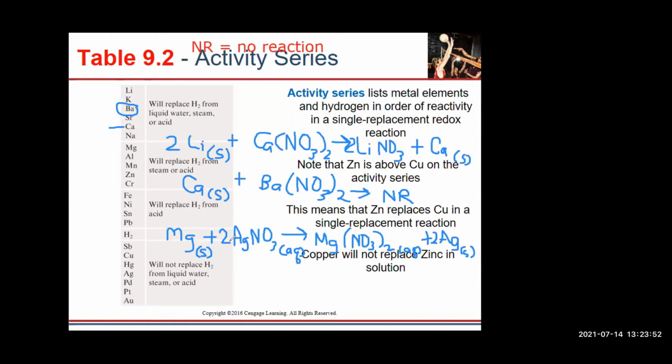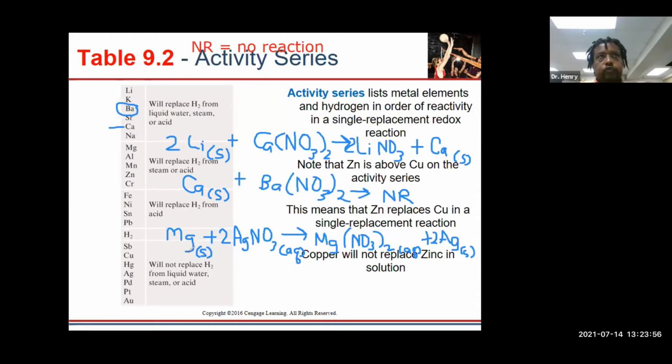Okay, let's try one more. Okay, so I'm going to give you a little bit of a hint. It basically tells us if it's going to be able to happen.